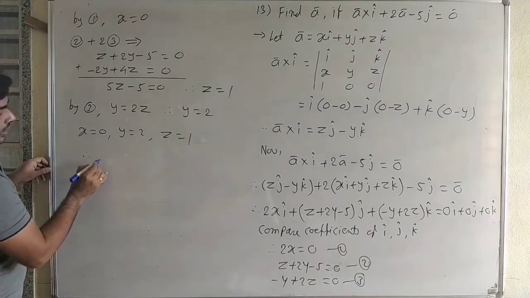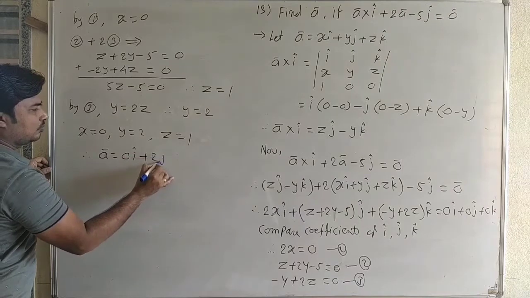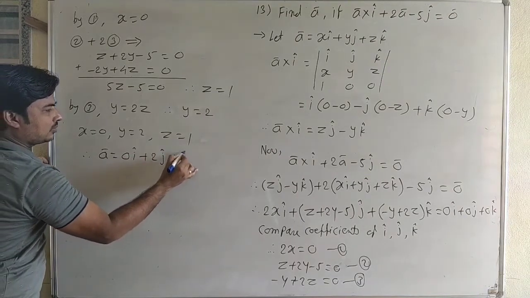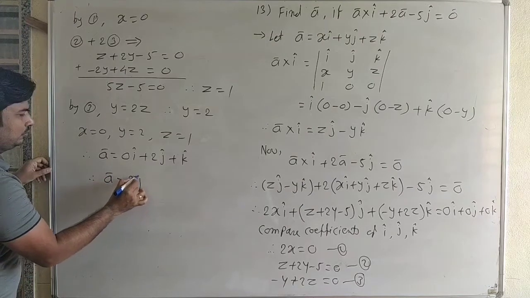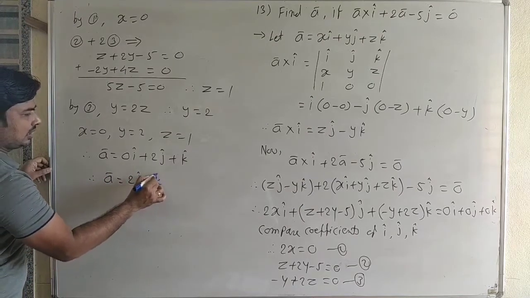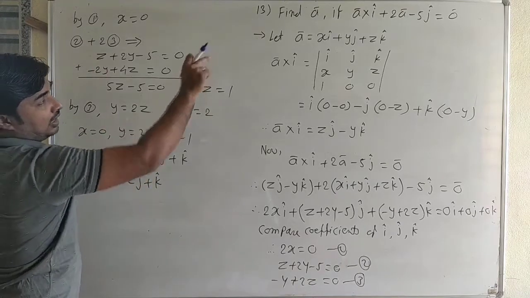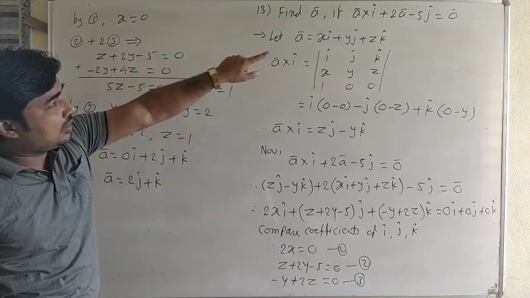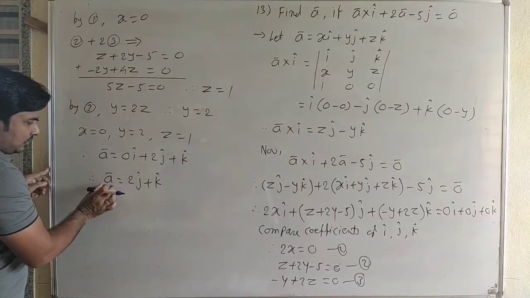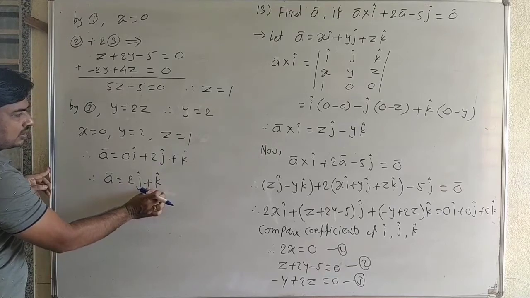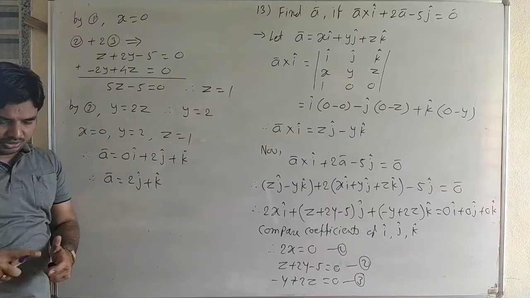Therefore a bar is equal to 0 i cap plus 2j cap plus k cap, and therefore you can write a bar is equal to 2j cap plus k cap. It is the last answer. Okay, see carefully here: a bar is x i cap plus y j cap plus z k cap, and a bar is equal to 2j cap plus k cap, x is equal to 0, y is equal to 2 and z is equal to 1. Okay, now we see the next example.